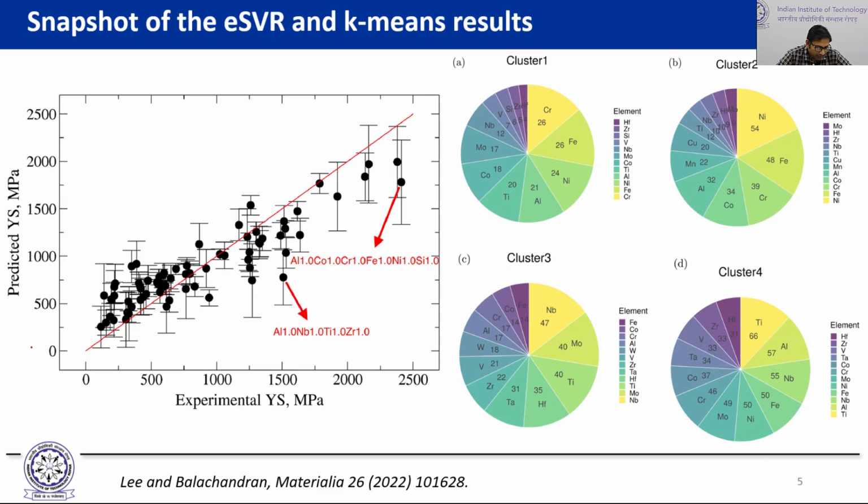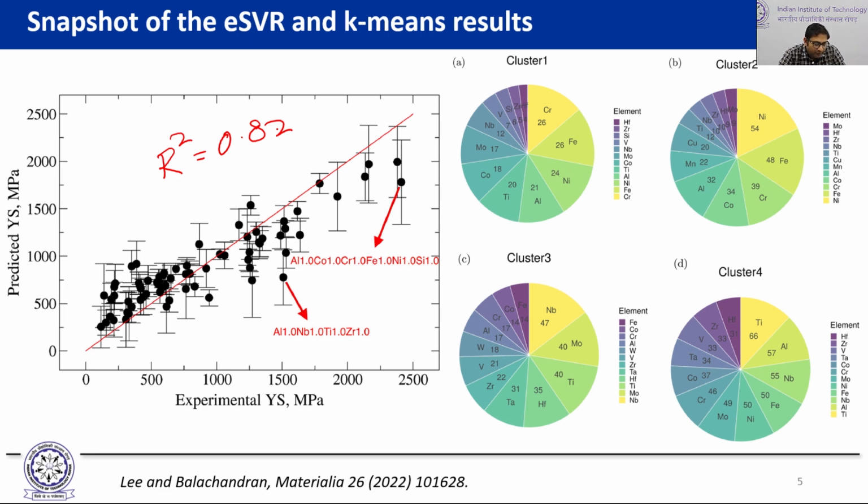It is not surprising for problems of this kind because you can have quite a bit of scatter in the experimental data as well. But the point here is the support vector regression that they developed was quite capable of predicting the yield strength value with a reasonable level of accuracy. In fact, if I remember correctly, they reported an R-square of about 0.82 for this particular model.